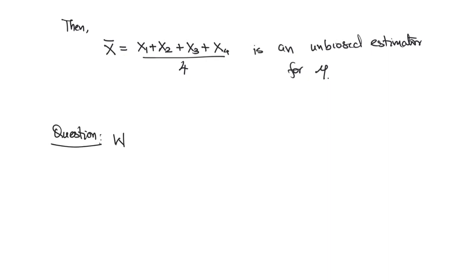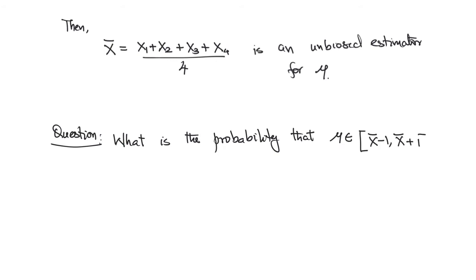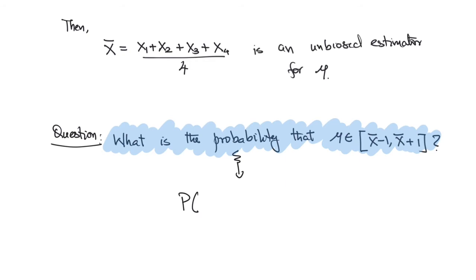What is the probability that mu lies inside the random interval given by x bar minus 1 comma x bar plus 1? This is the same as writing out the probability that mu belongs to the closed interval x bar minus 1 comma x bar plus 1.